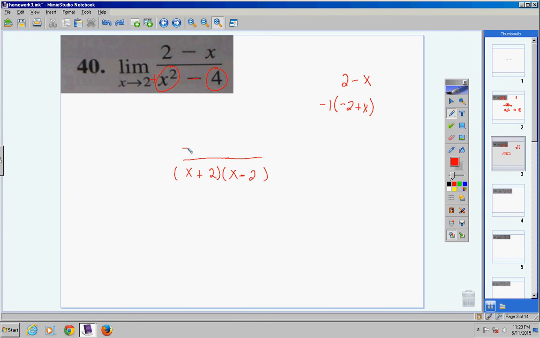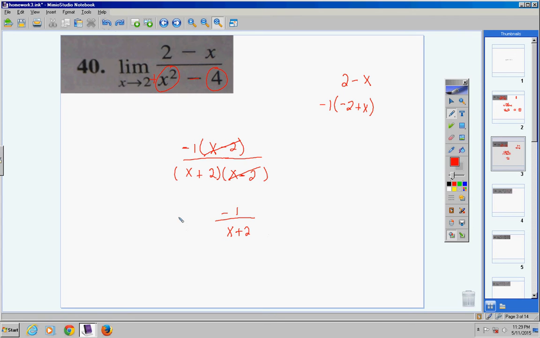So I factor out a negative 1 up top, and that leaves me with negative 2 plus x, which is the same thing as x minus 2. There we go. So this cancels with this, and I'm left with negative 1 over x plus 2. So I'm going to use this function in place of this function up here. Alright, so here we go.